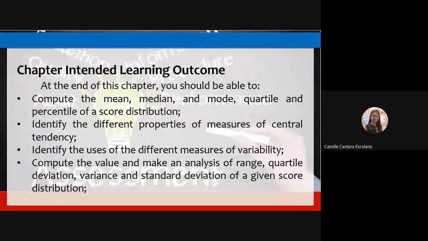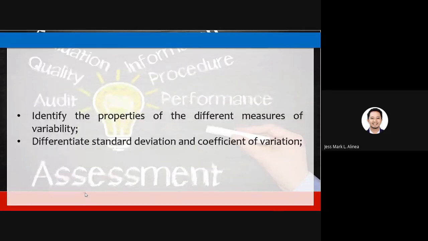Identify the different properties of measures of central tendency. Identify the uses of the different measures of variability. Compute the value and make an analysis of range, quartile deviation, variance, and standard deviation of a given score distribution. Identify the properties of the different measures of variability. Differentiate standard deviation and coefficient of variation. Okay, thank you so much, Escolano.